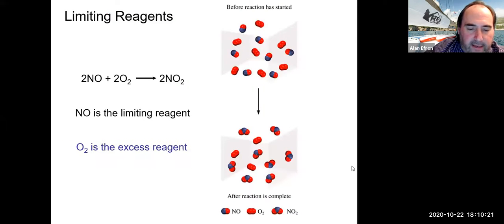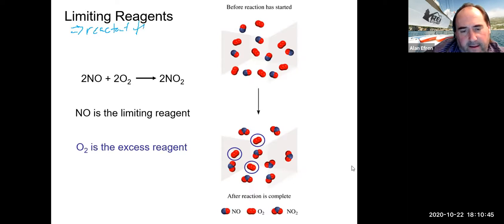So in normal reactions, there is usually some type of reactant that pretty much gets used up first. And when that reactant gets used up, you pretty much cannot make any more products. That reactant that gets used up first is what is known as the limiting reagent. So the limiting reagent is the reactant that gets used up first.